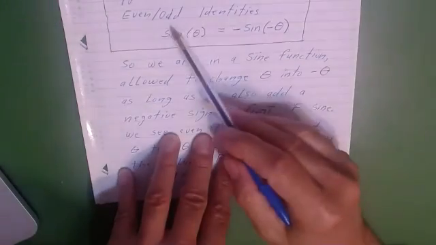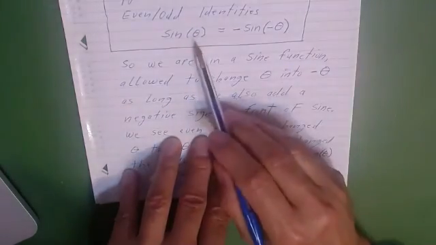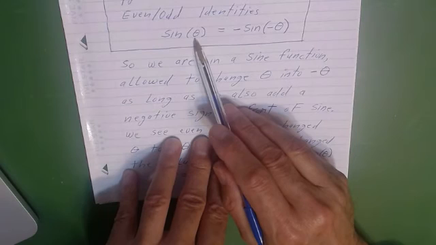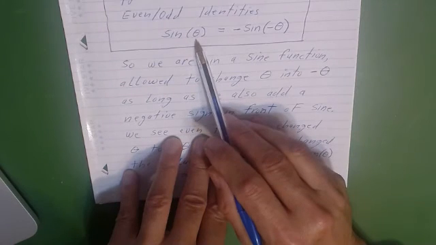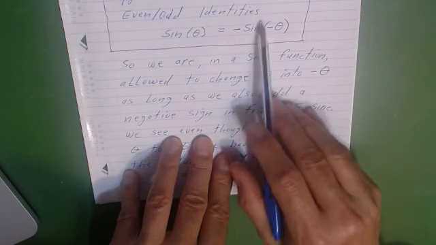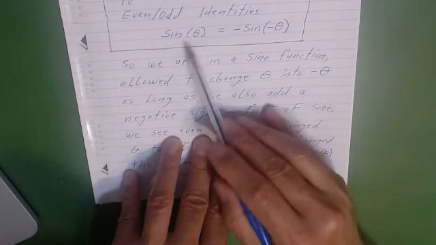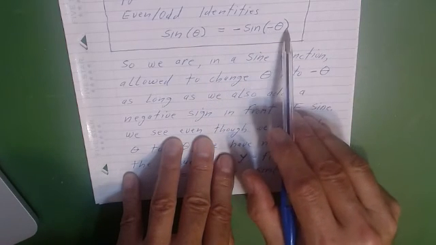So we can make use of this to rewrite our function, okay? So if we changed theta to negative theta in our original function, remember what I said, you're allowed to write something in a different form as long as you don't change the value of the whole thing, all right? So if we change theta to negative theta, but we also, when we do that, add a negative sign outside of it, then we haven't changed the whole thing, because this equality still holds, because sine of theta is equal to negative sine of negative theta.